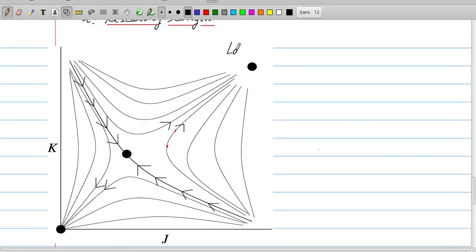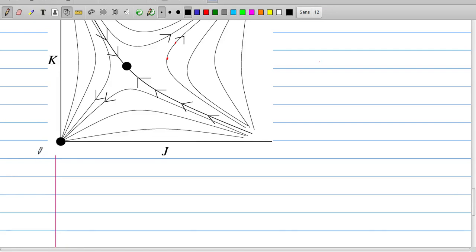So this is low temperature, and I've just indicated it here as one single point, but in fact this is the value where K and J are infinite. When K and J are 0, we have a very high temperature, so then the temperature is infinite. So this is the high temperature point.